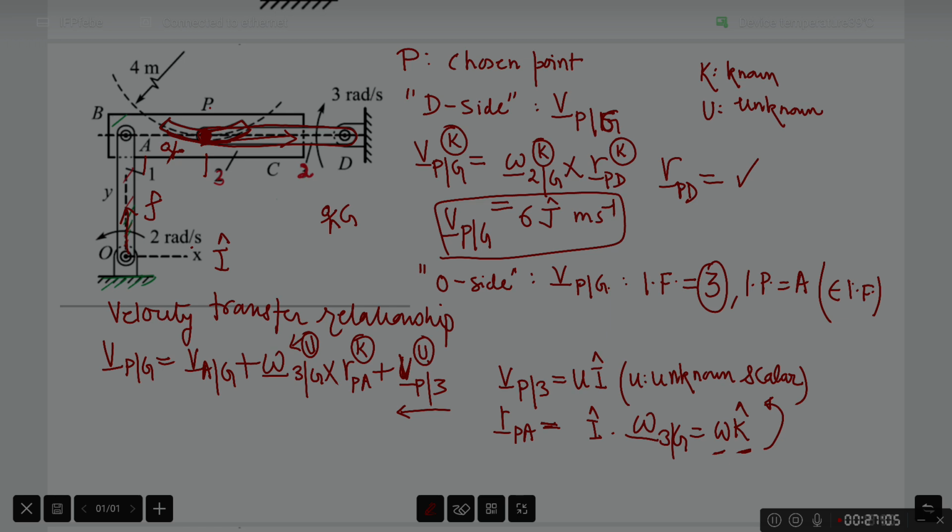I come to VAG. Is VAG known? No, it is not known. To get VAG, I will again write a velocity transfer relationship.